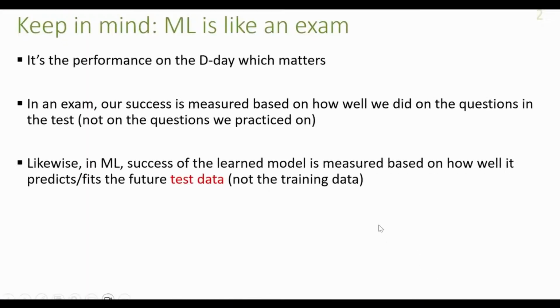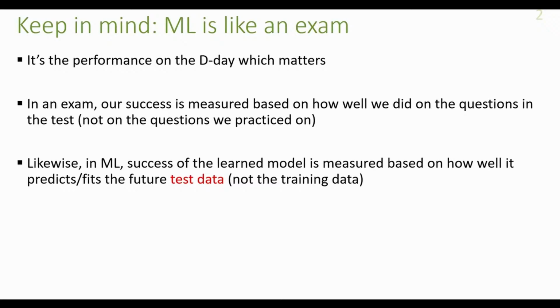Okay, so machine learning is like an exam, right? Because here in machine learning, we are building this model for future data. For some given data sets, we will build a machine learning model, and we will use that model for future data, right?